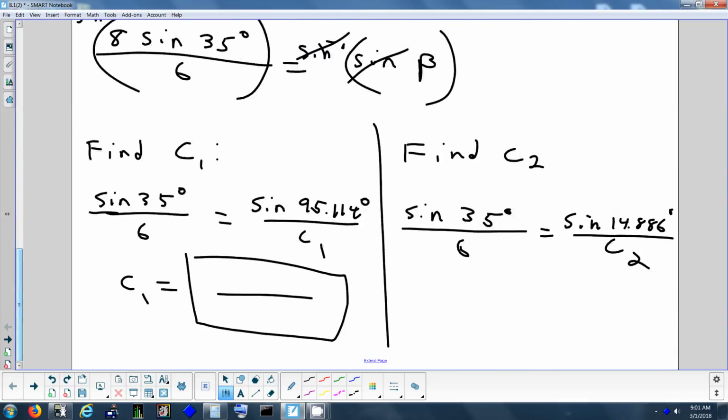Okay, so when I solve for C1, Jan, what's C1 going to be after I cross multiply and then isolate C1?